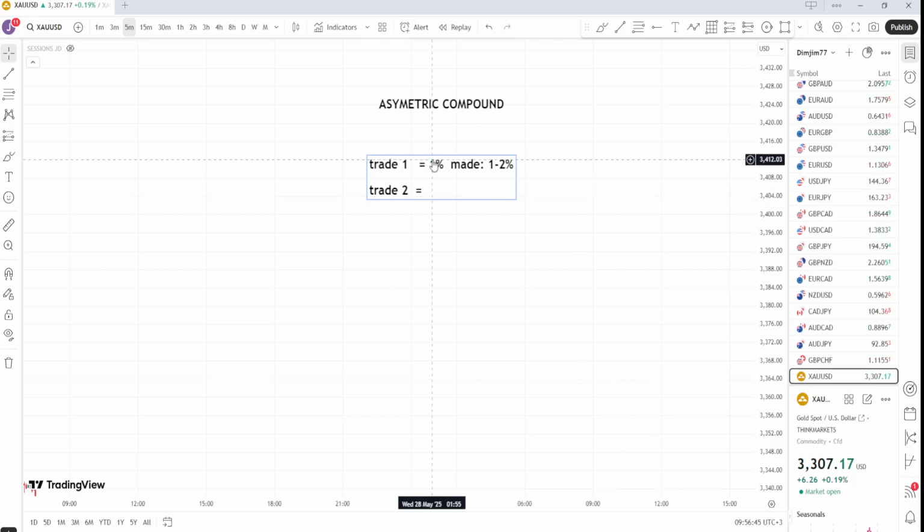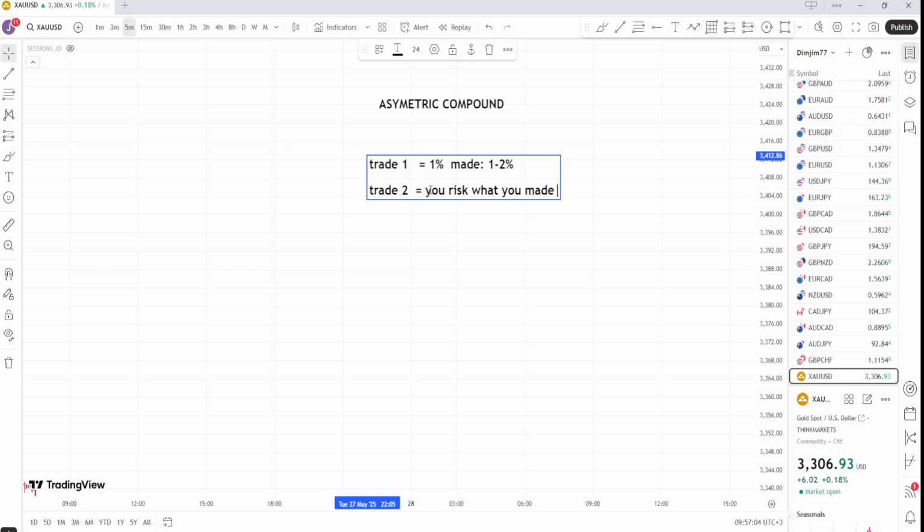If you lose it, you go to 99%. If you win, you go to 102, let's say 1 to 2 or 1 to 1. It doesn't matter. So you risk what you made plus the initial risk plus 1%.